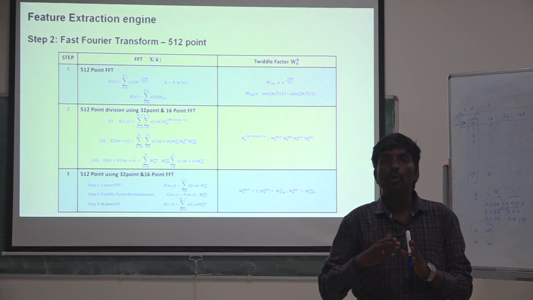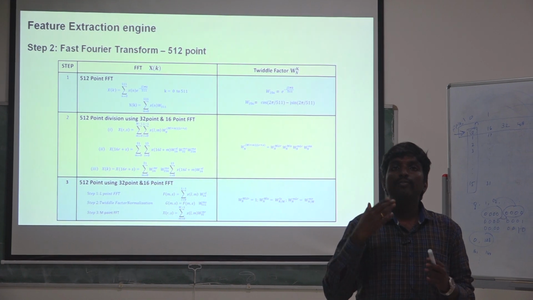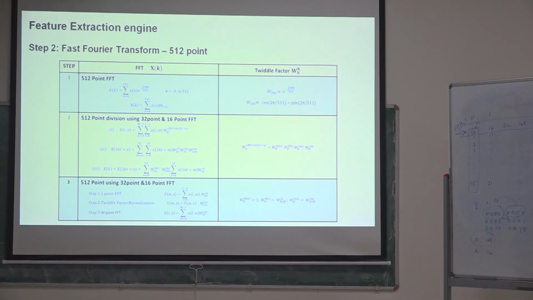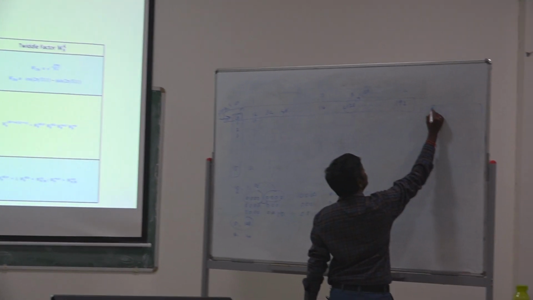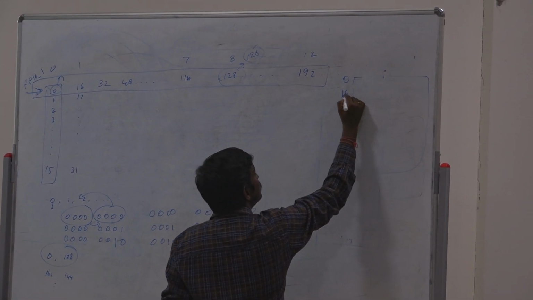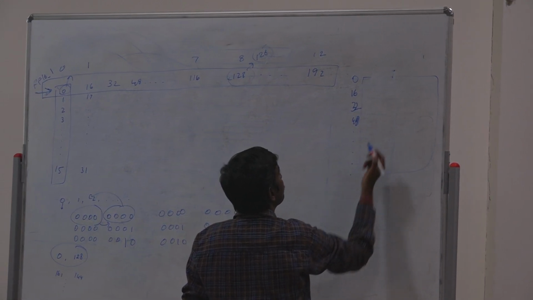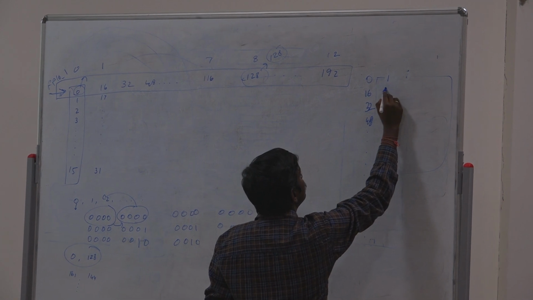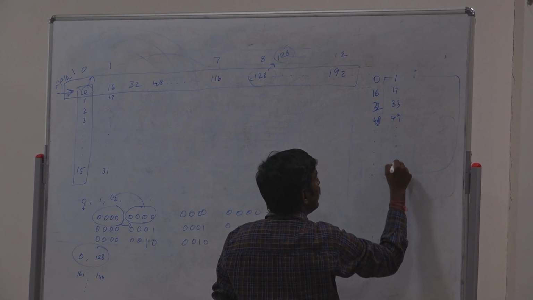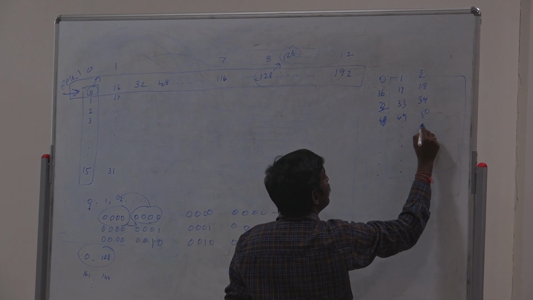So it will start from 0, 1, 2, 3, 4, 5, and the second subframe it will go for 16, 17, 18, 19, 20. It means after we store the coefficients 0, 16, 32, 48, and so on, 1, 17, 33, 49, and 2, 18, 34, 50, and so on.